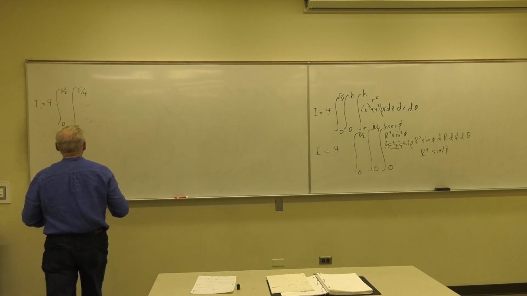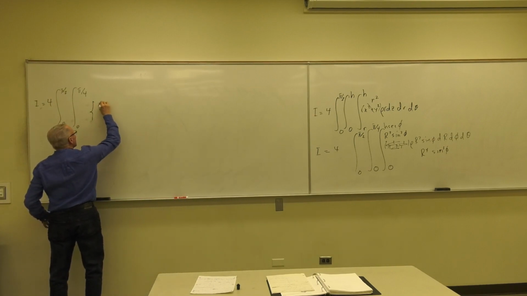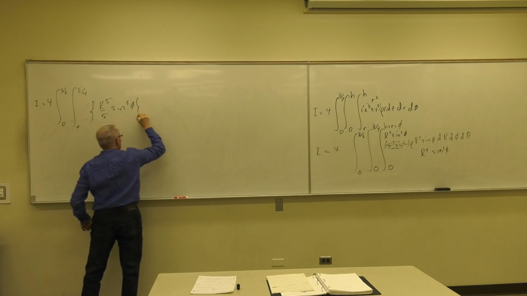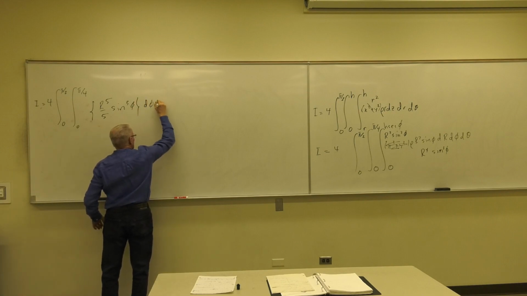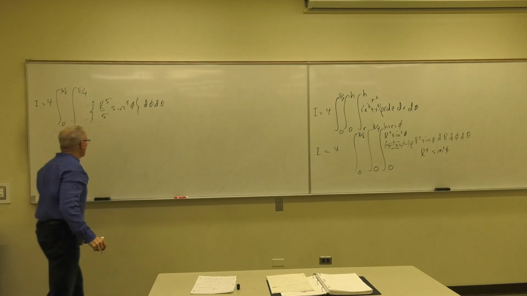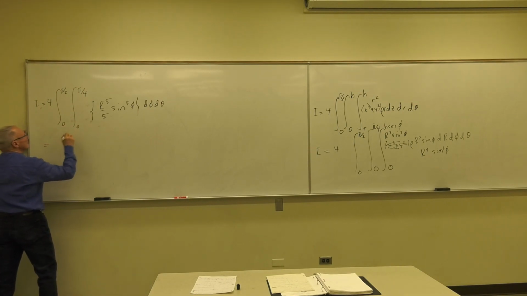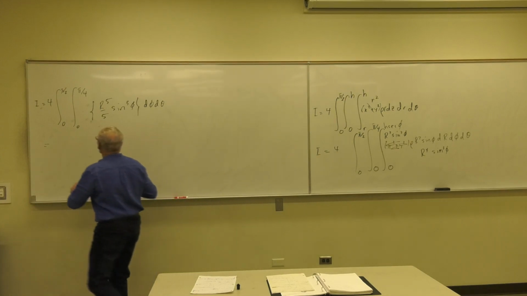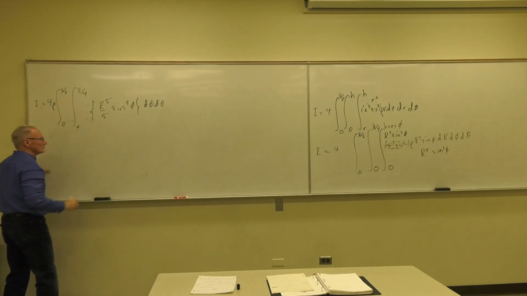That will be r to the 5th over 5 sine cubed phi. Left to come, d phi and d theta. We substitute. Oh, I forgot my rho. Oh, no, it is there. All right, so let's pull up that rho.